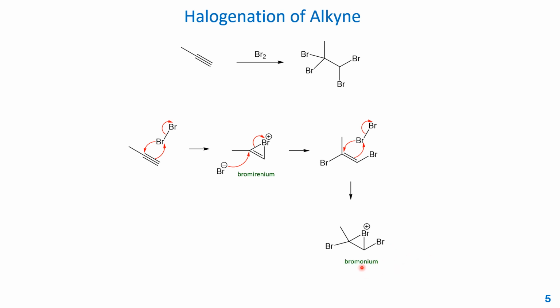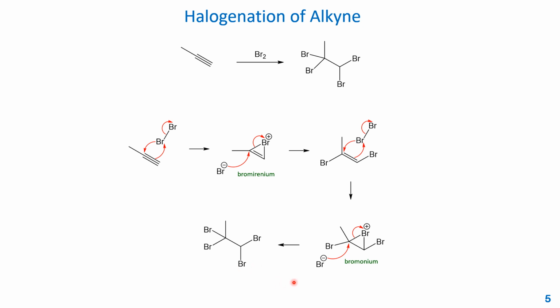And this bromonium will react with the bromide, which is from this step as a leaving group. Now it's a nucleophile. The nucleophile will attack this carbon, open this ring, and form this product, which is 1,1,2,2-tetrabromopropane.